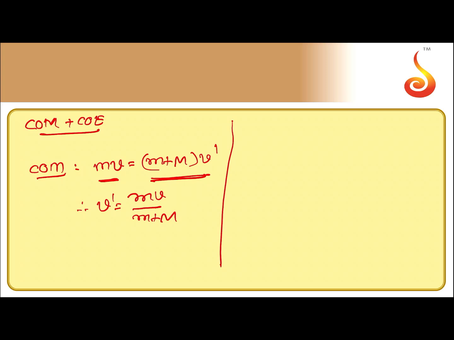Now let us apply conservation of energy. Suppose the disk rises to a height h. Then initial kinetic energy should be equal to final kinetic energy plus final potential energy. What is the final kinetic energy?